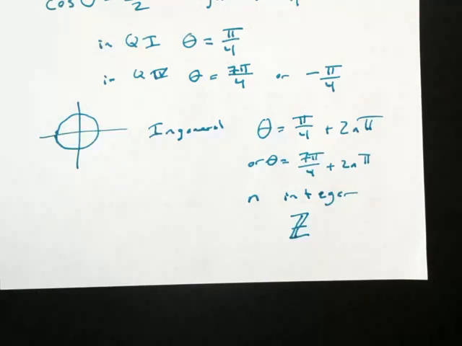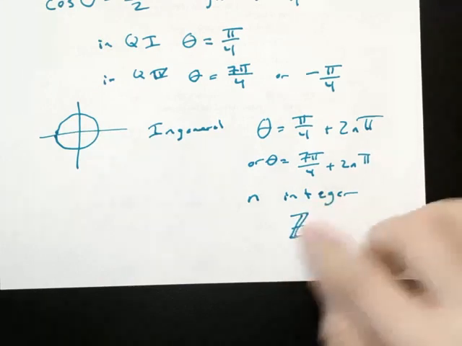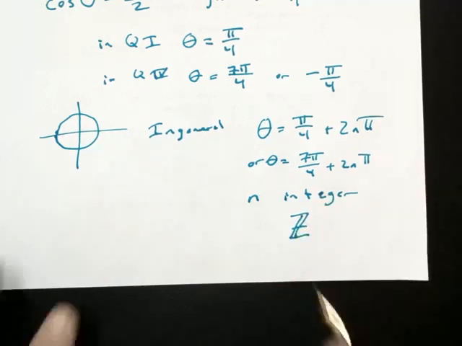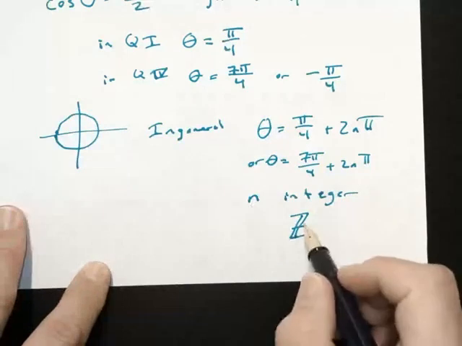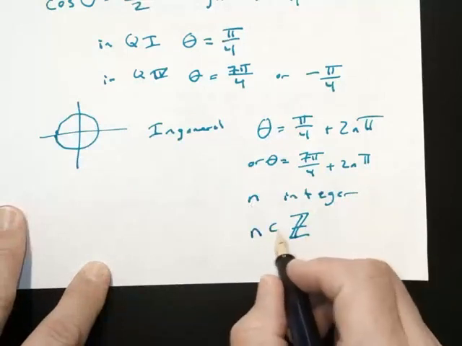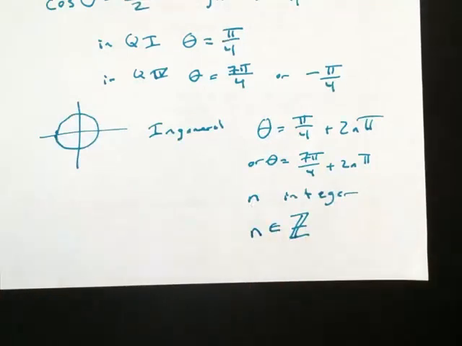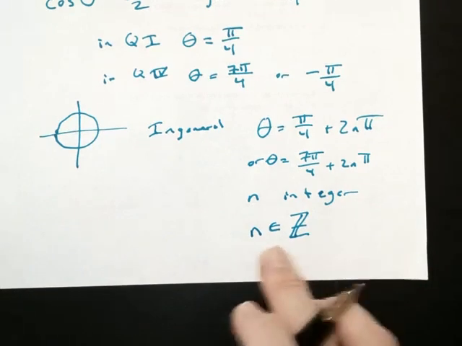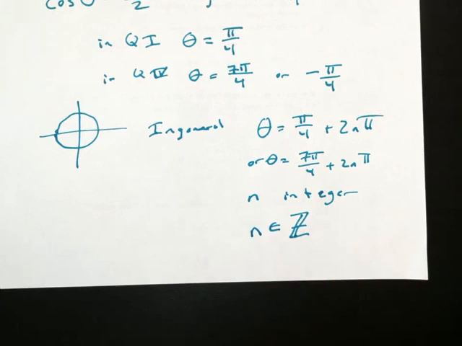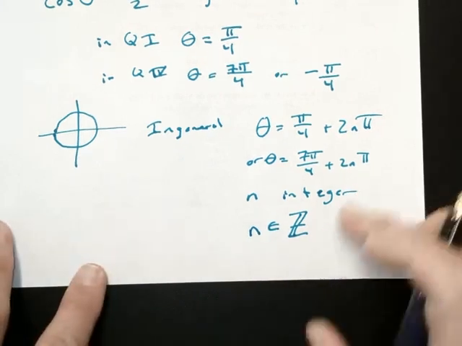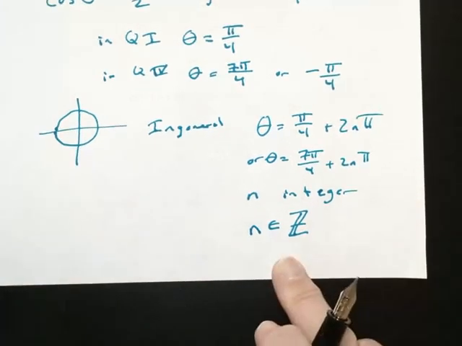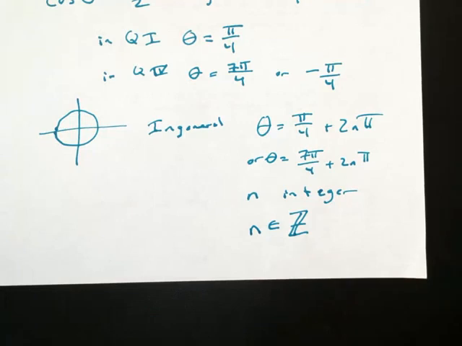In our bold-faced chalk, it's kind of hard. You write with the side of your piece of chalk to make the letter bigger, so we just made the extra piece in the middle bigger. And then to say that n belongs to this set, we use that little funky looking E, which means membership or element. N is in the integers. So those two things say the same thing, but this is math speak.